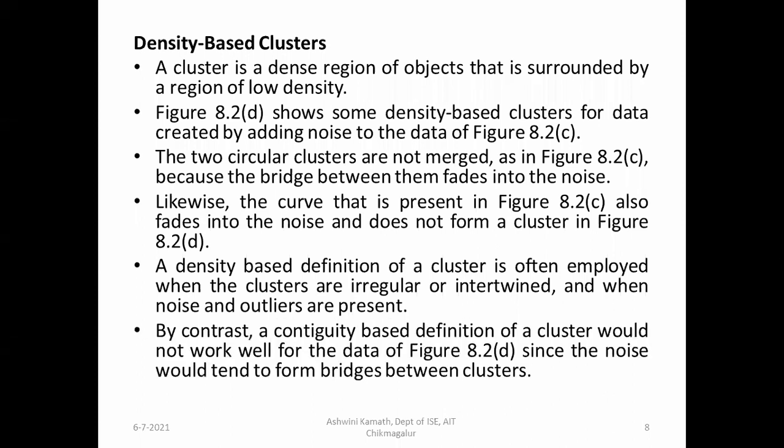By contrast, a contiguity-based definition, that is a graph-based cluster, would not work well for the data of figure 8.2d since the noise would tend to form a bridge between clusters. We have seen in 8.2c that noise will join two clusters together.